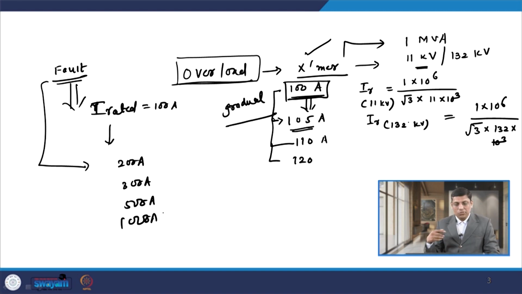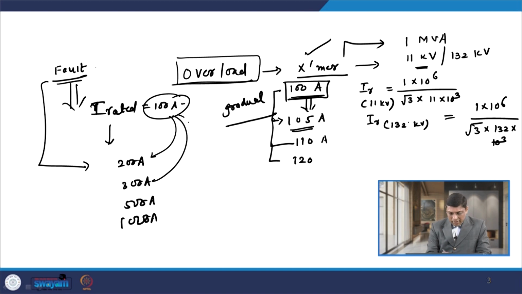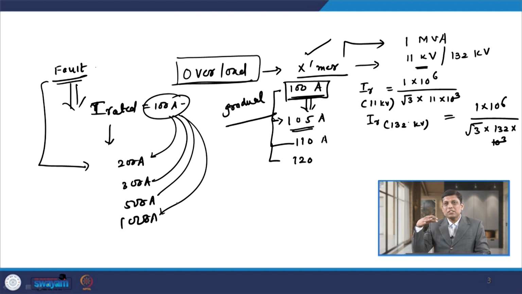This is known as a fault, because in case of a fault the current follows an undesired path. With reference to the rated value, the current becomes 2 times, 5 times, 10 times within a very limited time period. That is known as a fault.